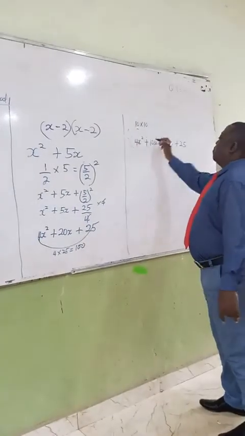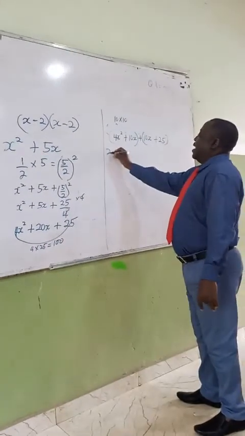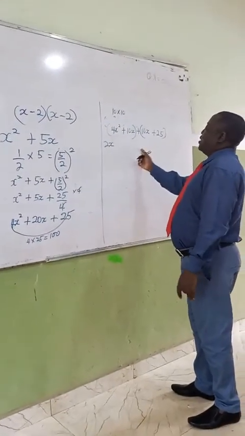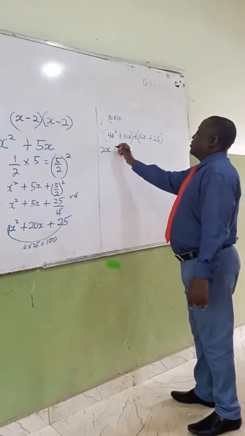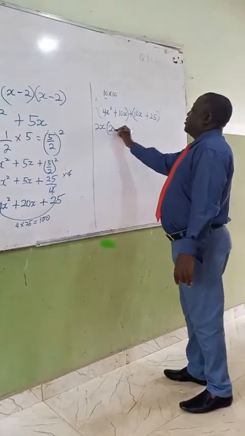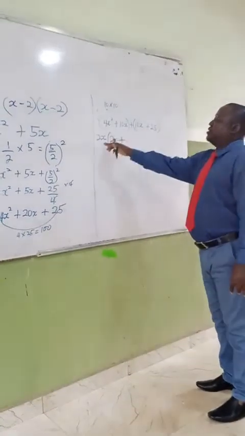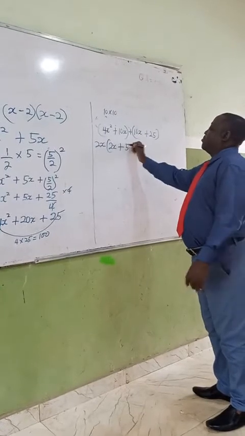Then we can group it into 2's. 2 and x are the common factors here, so the common factor is 2x. In the bracket, 4x squared divided by 2x gives us 2x, plus 10x divided by 2x gives us 5.